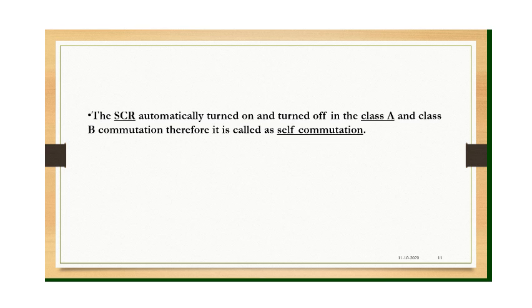So this is about commutation circuits, class A and class B, which are used to turn off the SCR in the circuit, which will be eventually switching the SCR on and off. Based on the values of the capacitor and the inductor, the turn off time can be designed, based on the ratings that will be used in the circuit.